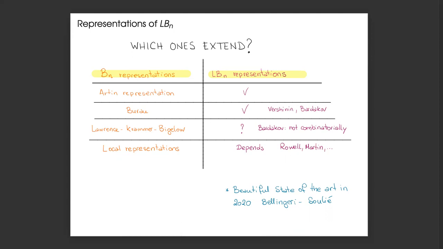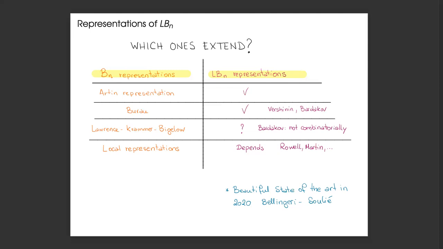Then Lawrence-Krammer-Bigelow, it's a bit controversial. You will find in the literature that it does not extend to loop braid groups. However, when people say that it does not extend, they refer to a work of Bardakov that proved that they do not extend combinatorially, meaning doing the naive attempt, which is the first that we have to do, of sending the braid elements to the braid element matrices as they were, and then plugging in some permutation matrices, exactly as has been done for Burau.